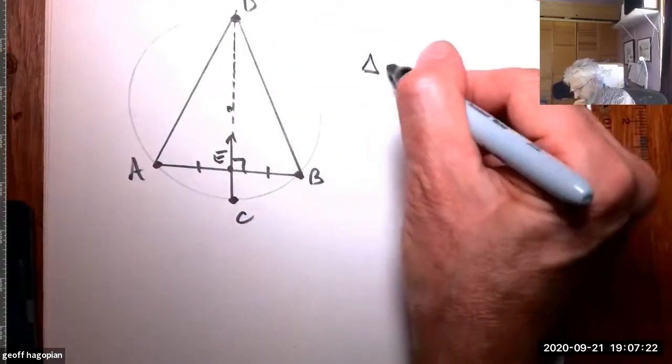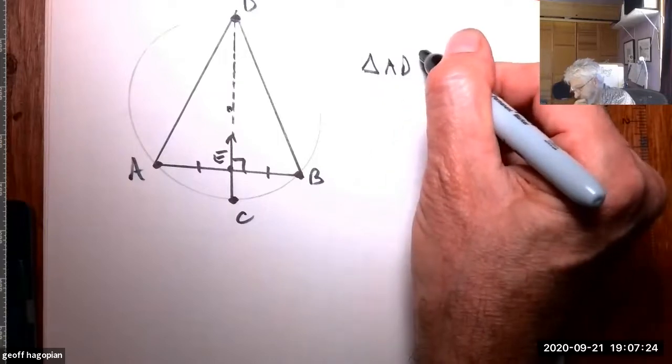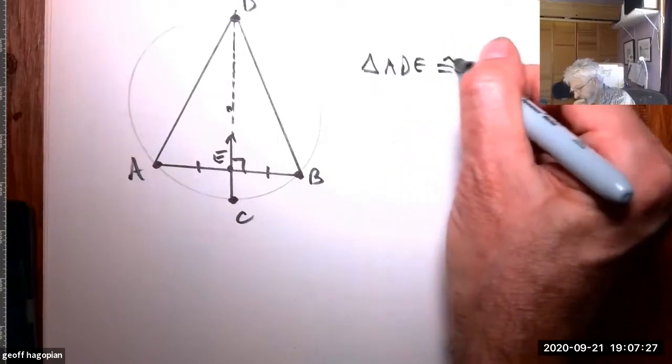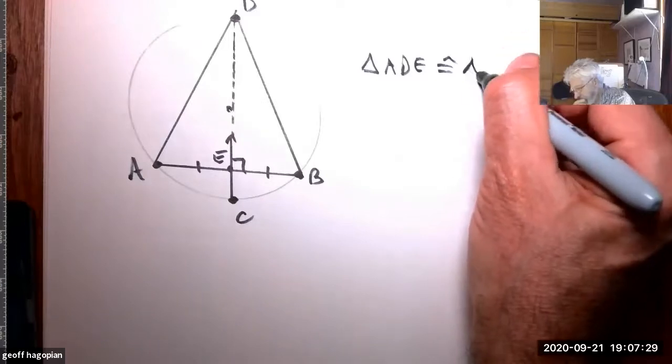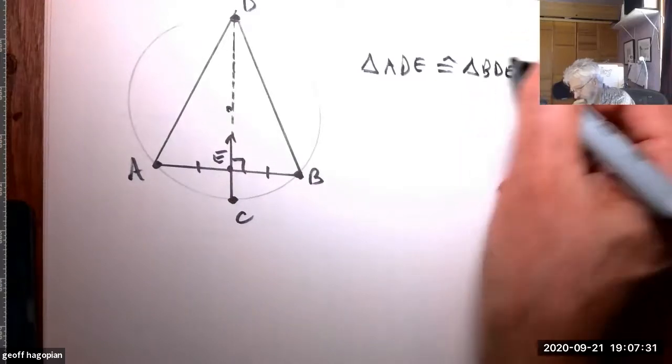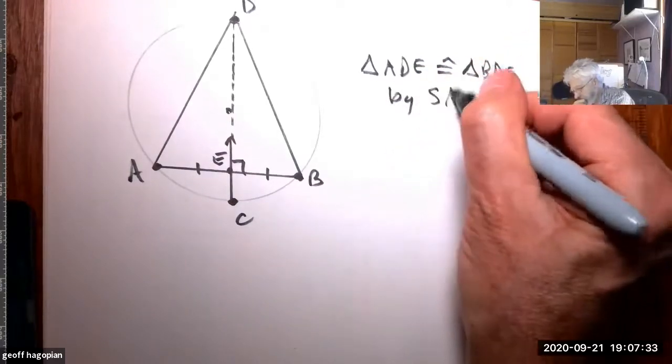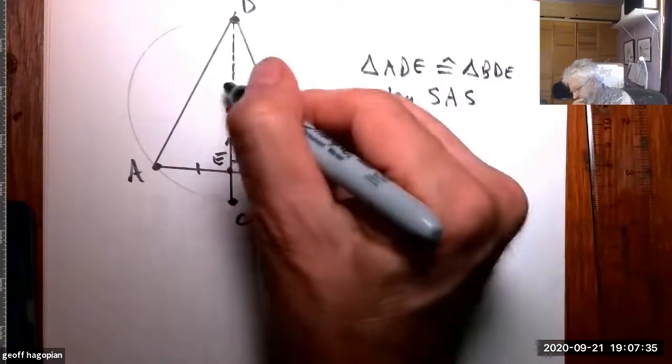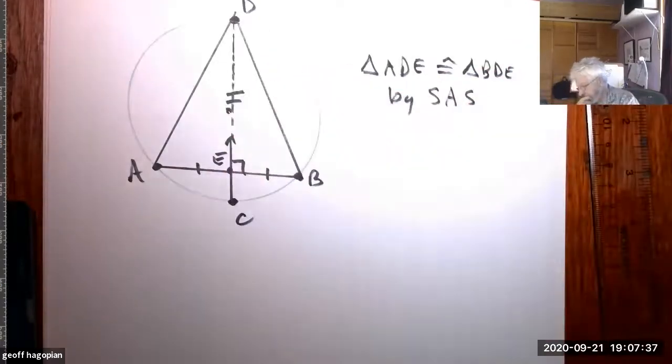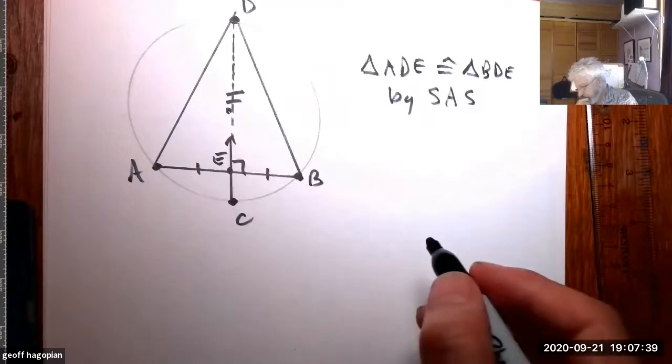So triangle ADE is congruent to triangle BDE by side angle side. This thing is congruent to itself. They both have a right angle.